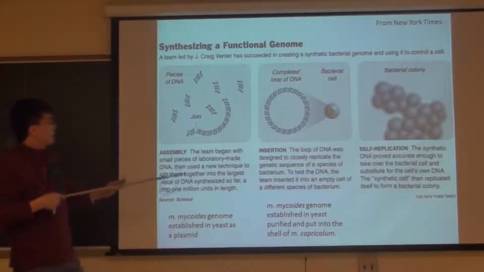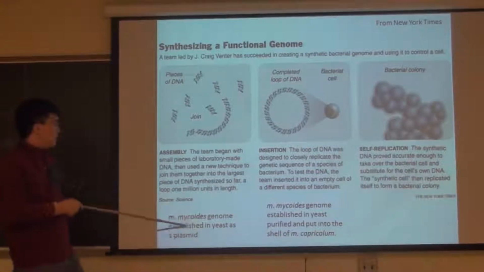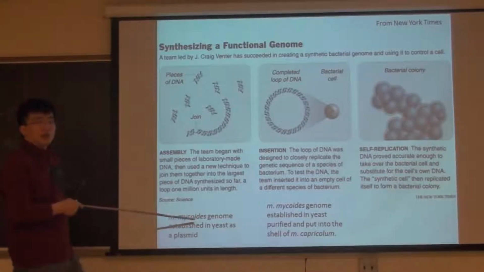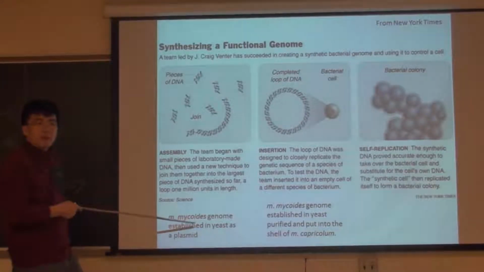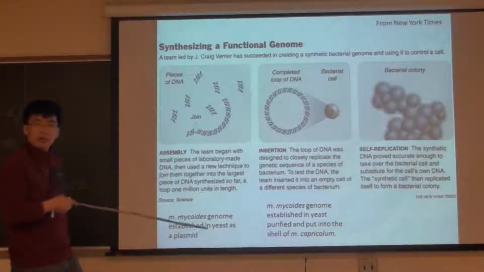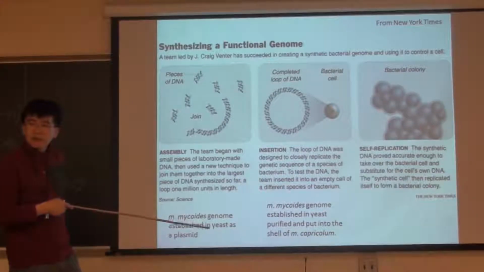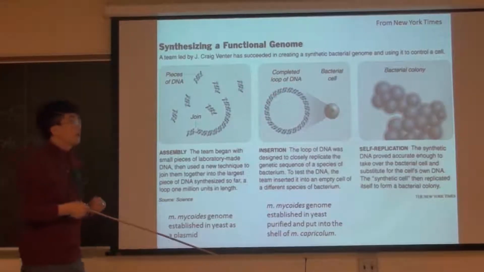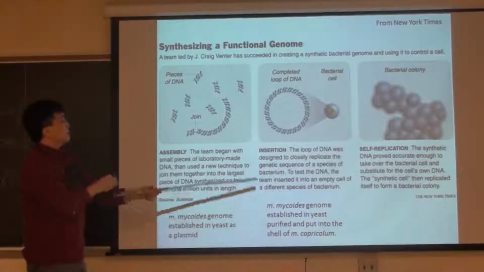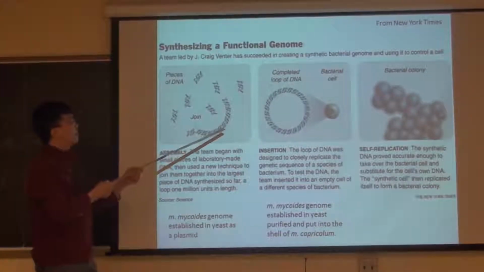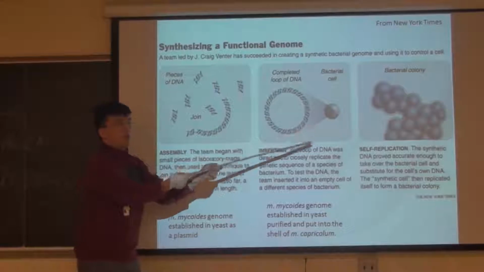So they found an organism, a bacterium, whose genome is only 1 million base pairs long. E. coli has like 4.5 million base pairs, so 1 million is much shorter. And then they were able to chemically synthesize a 1 million base pair genome.